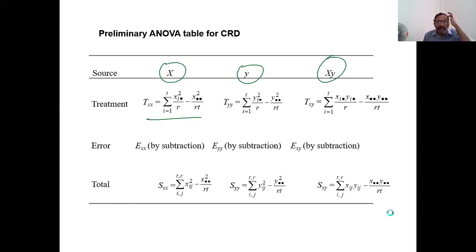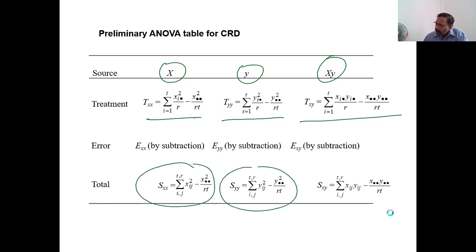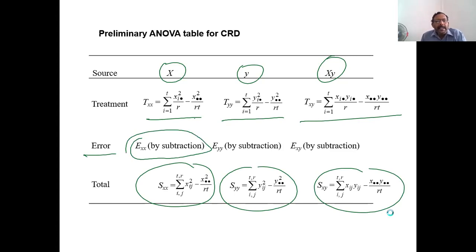Some of the components that we will have to calculate. TXX, this is how we calculate. TYY, this is how we calculate. TXY, this is how we calculate. Total sums of squares, this is how we calculate for each of these components. If you have any doubt, you ask me. The error is always total minus treatment. Error is given as EXX, EYY, EXY. So the total minus treatment, which is given as error, always.